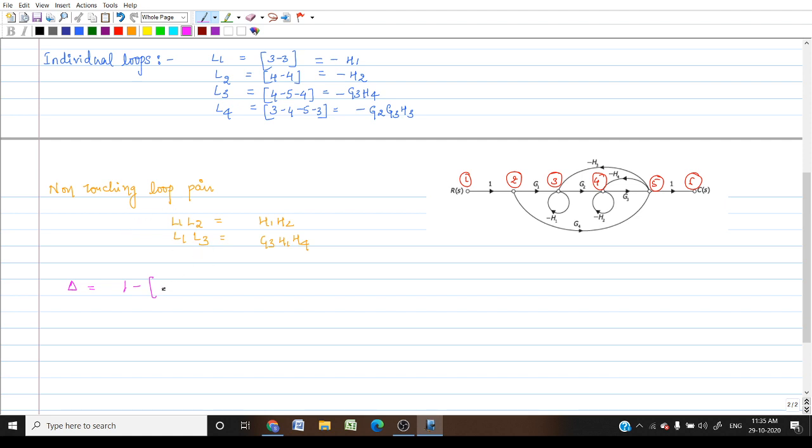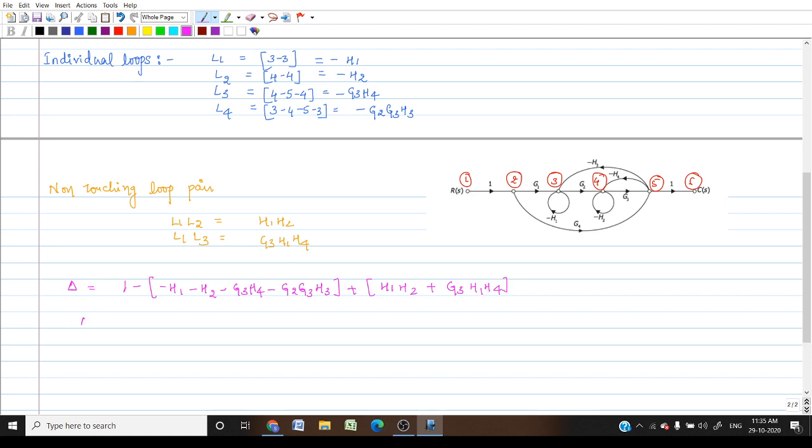So this will start from minus H1 minus H2 minus G3 H4, then minus G2 G3 H3, plus the sum of our non-touching loop pairs, H1 H2 plus G3 H1 H4.